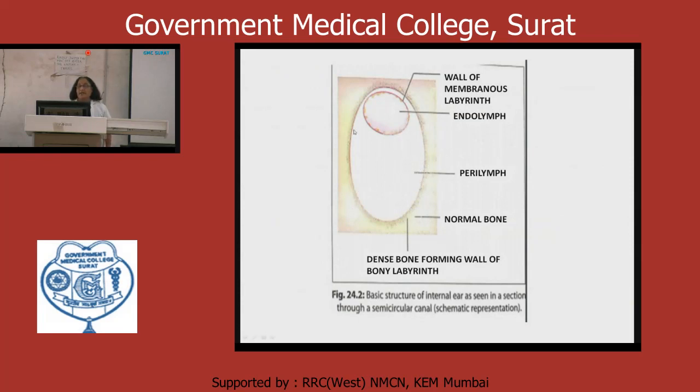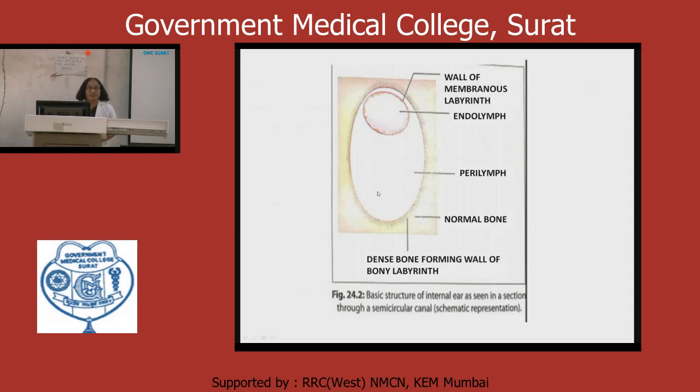Now we can see here the bony labyrinth, the dense bone forming its wall, enclosing the membranous labyrinth. This membranous labyrinth contains the endolymph, the inner ear fluid. The bony labyrinth contains the perilymph.